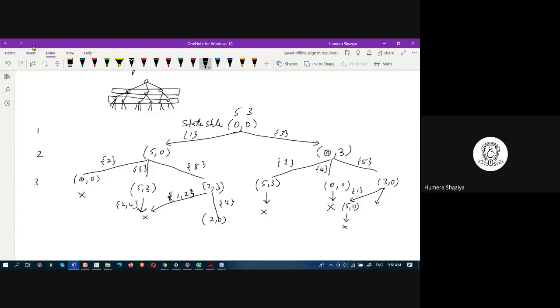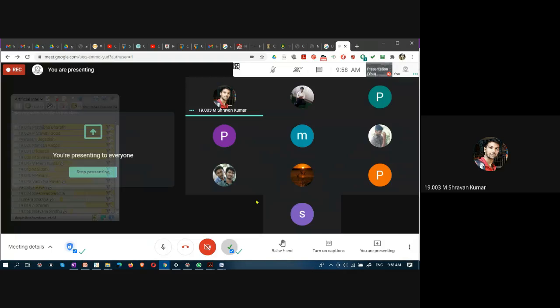There may be multiple out states, but you follow one path. From here you go to this path first. If it cannot be explored further, you return and go to the next one. That is depth first search. If possible, you try that also. If not, complete this tree, and we will discuss this in tomorrow's class. Okay, students.